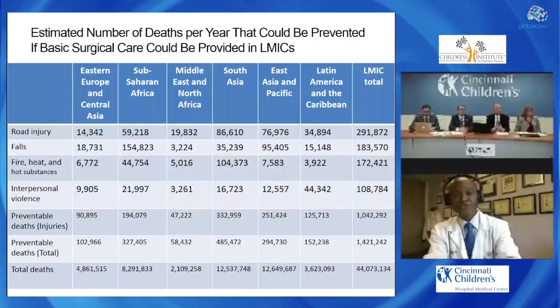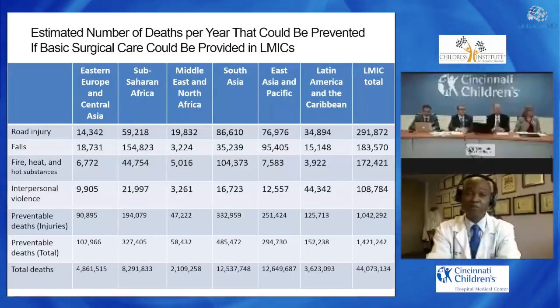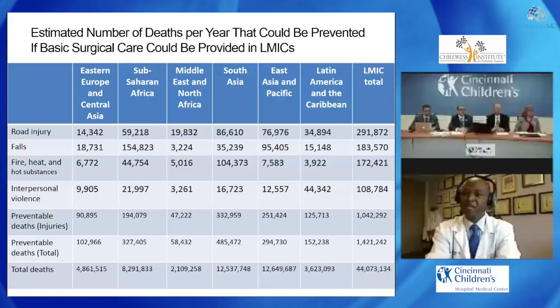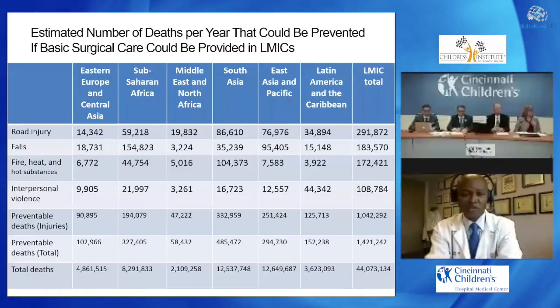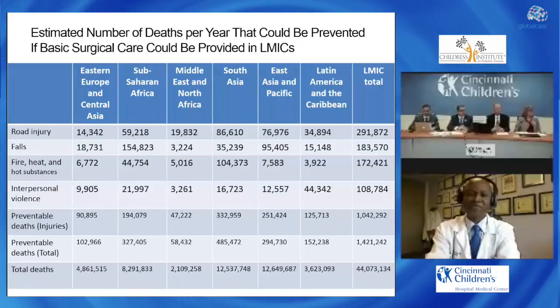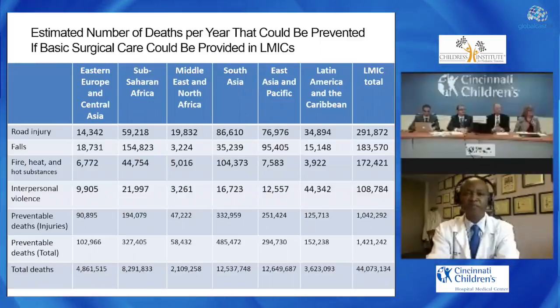Now, the good news is that much of the death and disability from injuries are avoidable through preventive measures and the availability of basic surgical care. This slide shows estimates from DCP3, the Disease Control Priorities 3 project, of the number of deaths per year that could be prevented if basic surgical care were available in low and middle income countries.